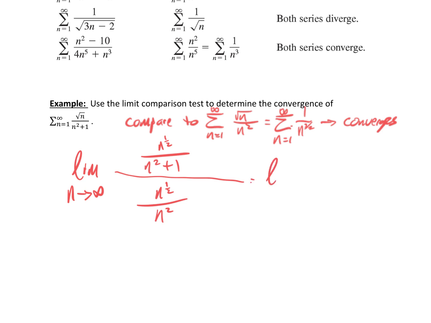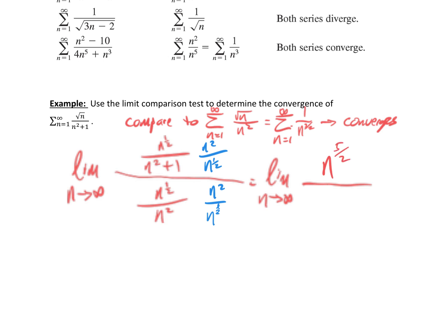Multiplying by the reciprocal there, on top we have n to the 1/2 times n squared, because we're going to multiply by the reciprocal of this. You don't have to write it out, but I will just for our sake: n squared over n to the 1/2. And that gives us, adding powers there, n to the 5/2 all over, and if we distribute, we have n to the 5/2 plus n to the 1/2. Make sure you distribute it there.